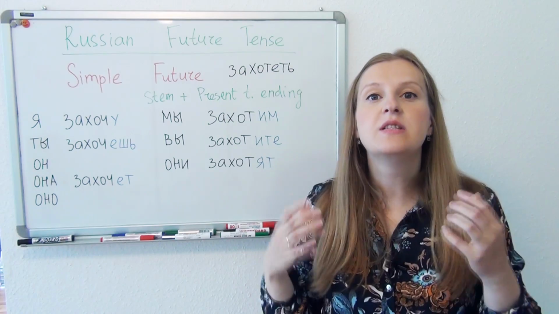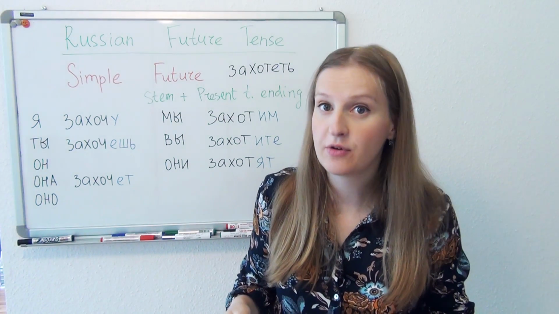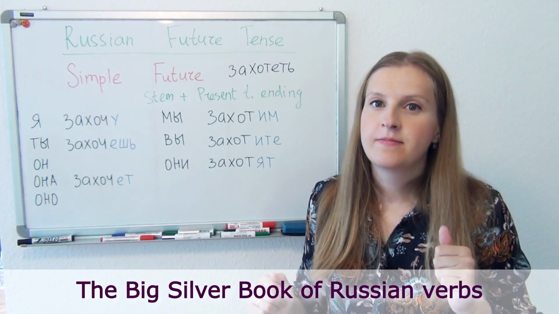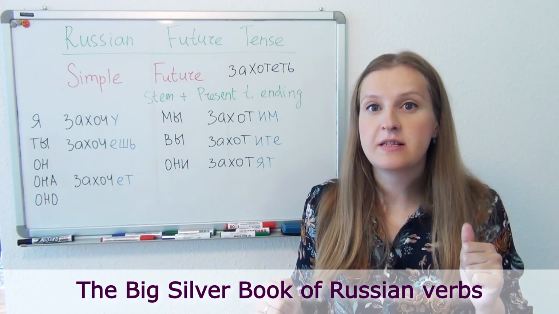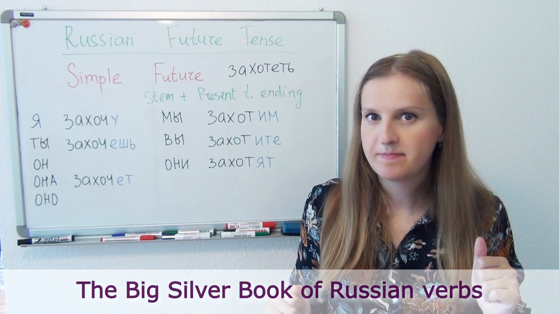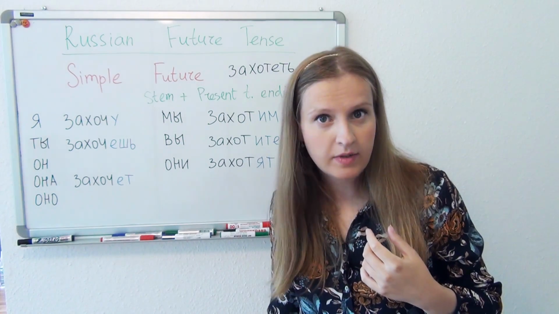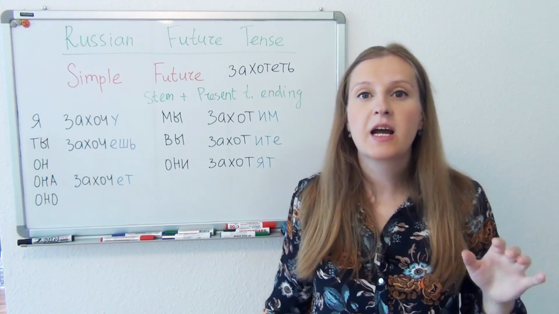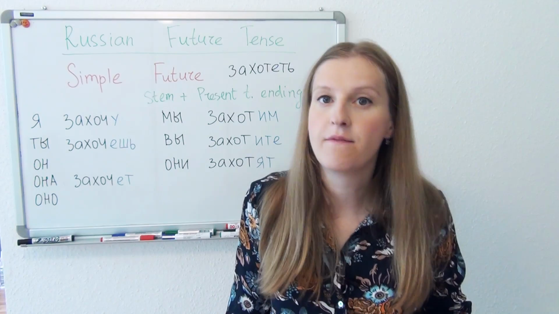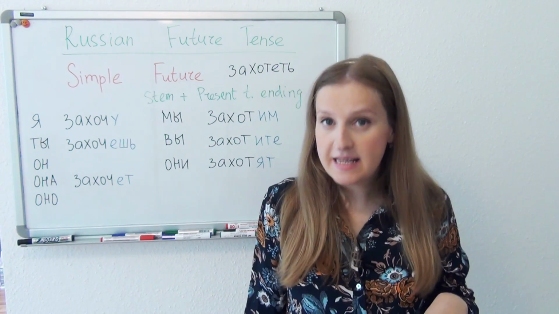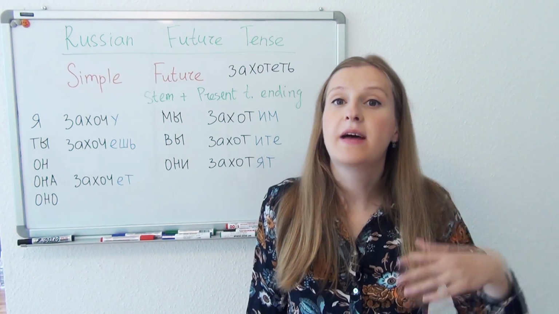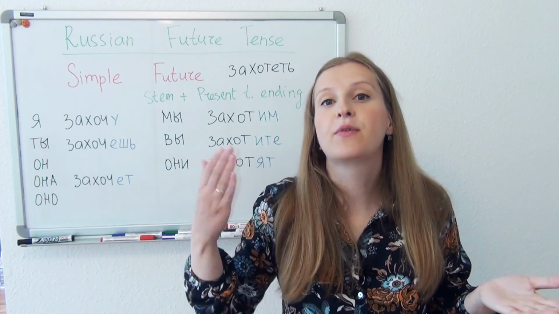You can also use dictionaries to help you conjugate verbs. For example, the Silver Book of Russian Verbs. Now, to practice a little bit more, I want you to conjugate a couple of more pairs of verbs. And in each pair, you'll have an imperfective verb and a perfective verb.